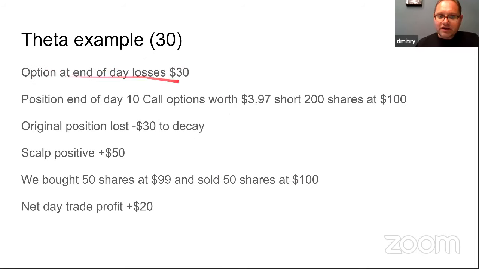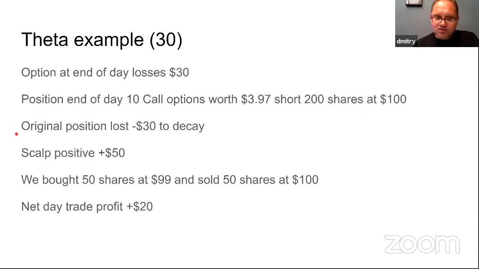Here's an example. End of day, we're expected to lose 10 bucks. So the position at end of day, we started at 4 bucks. We lost 30 bucks on it, right? 10 options, 3 bucks. And we're back to the original position. The stock is 100. We're still short 200 shares.